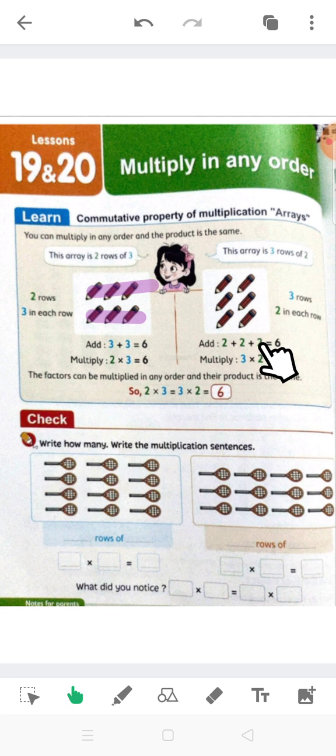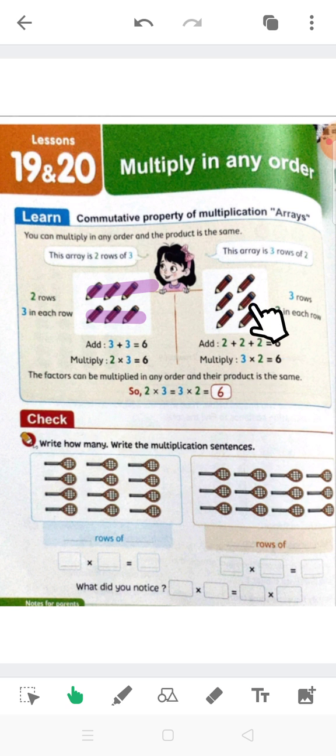Again, in this array, I change the order of the rows and columns. How many rows do we have? I've got 3. Each row contains 2 elements. 2 in each row. So how many? 2 plus 2 plus 2. What does it equal? Equals 6. The multiply sign. How many 2s do we have? 3.